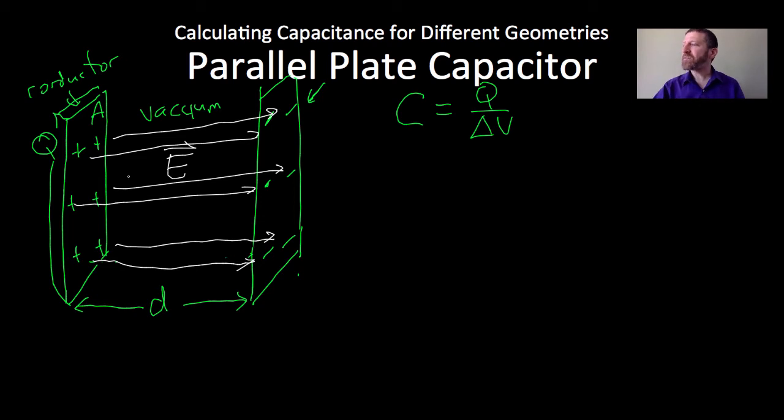It's all been sucked to the front side that we're seeing through this somehow. So it's all here. So you can just say the field here is going to be sigma over epsilon naught, where sigma, so let's go ahead and get more specific here.